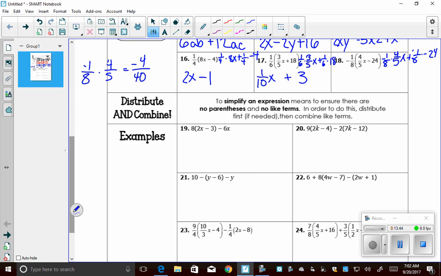And I should know, again, right off the bat, it is going to be 4. 4 divided by 4 is 1. 40 divided by 4 is 10. But do not forget this negative. Don't forget it. So it's going to be negative. So I'm going to have -1 over 10x. Okay. Now I'll have to go back and do the last one.